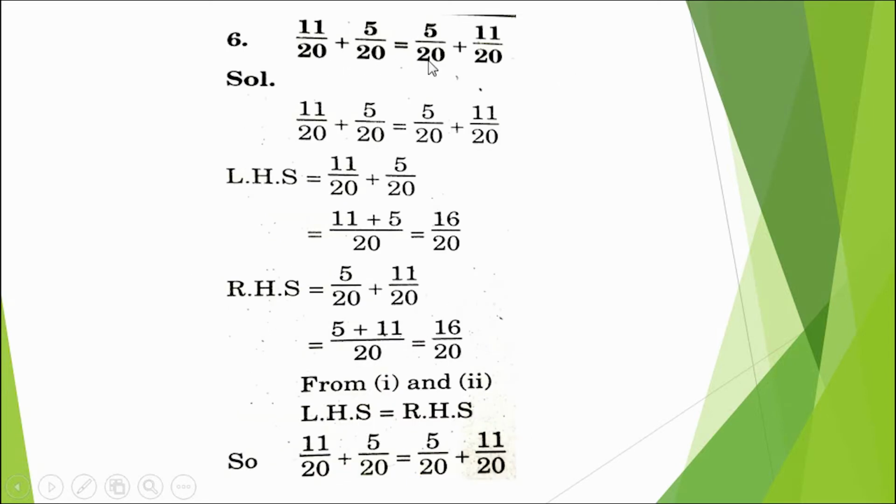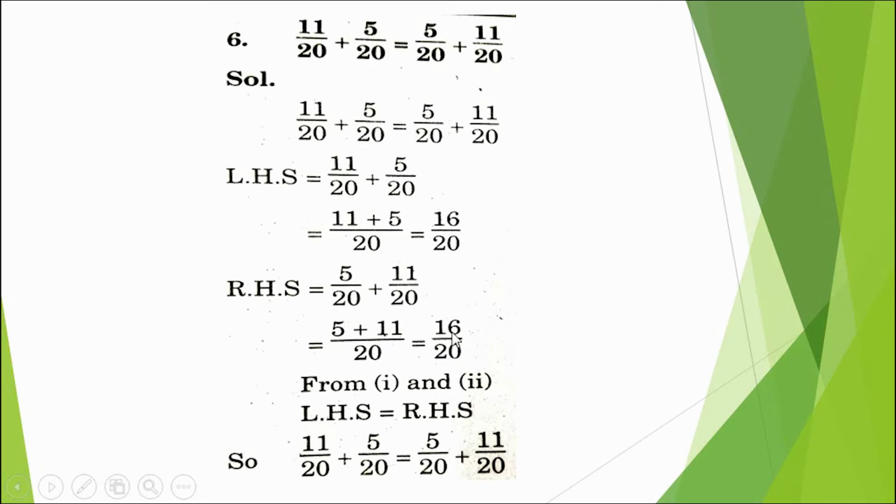Now question number 6: 11 over 20 plus 5 over 20 is equal to 5 over 20 plus 11 over 20. Now we take this side as left hand side, 20, same denominator, write it one time, 11 plus 5. When we add 5 and 11, answer will be 16, and 20 comes as it is.